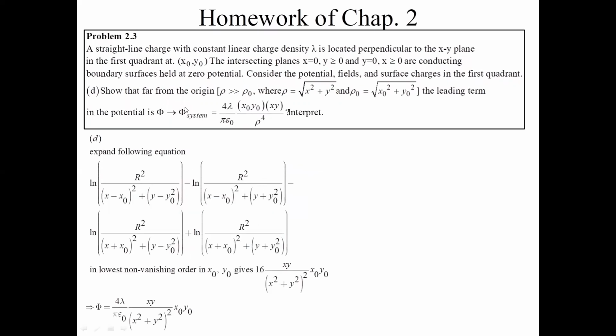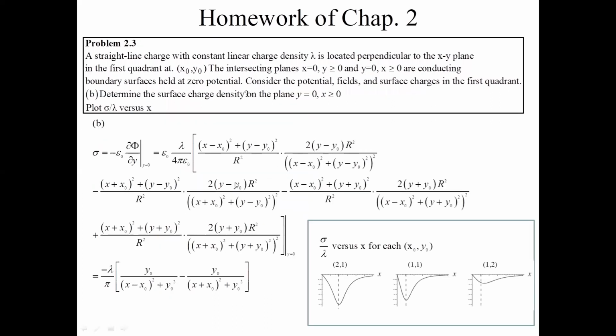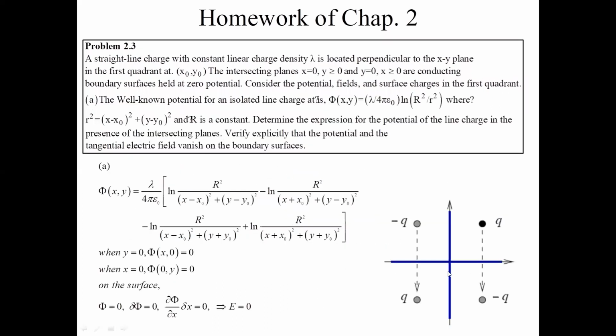So for problem B, we want to find that if we look at the region where rho is bigger than rho 0, then the default charge will look similar to a quadrupole.